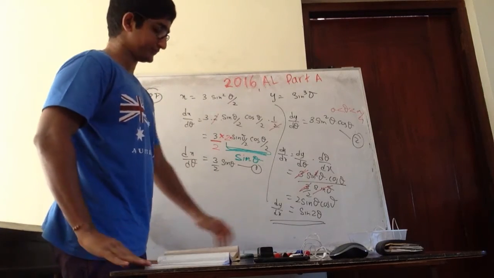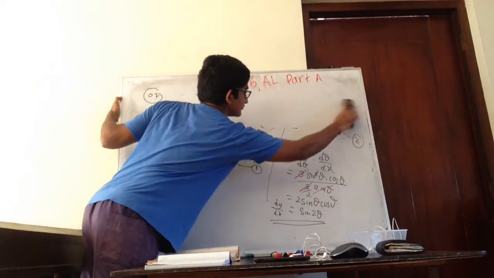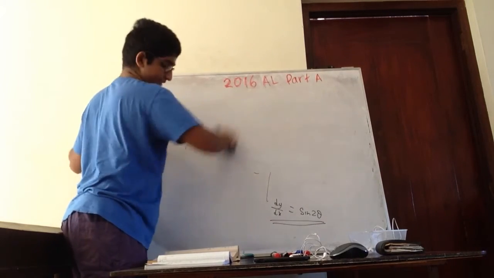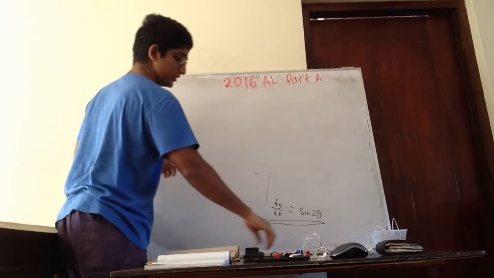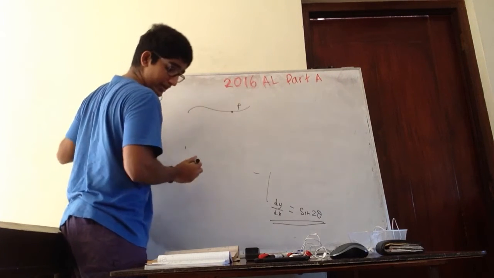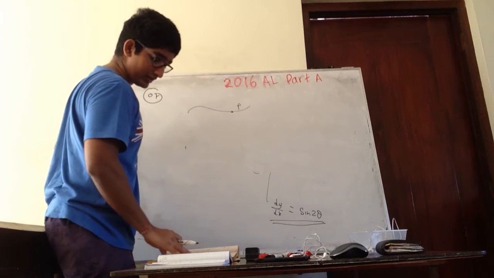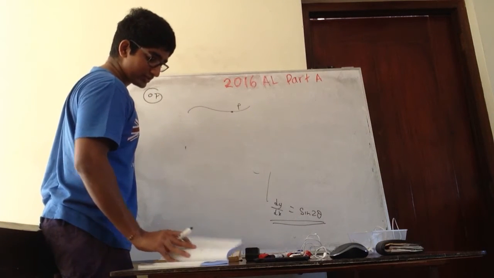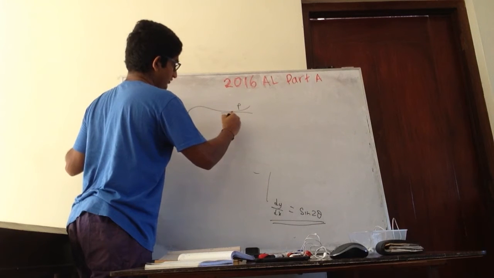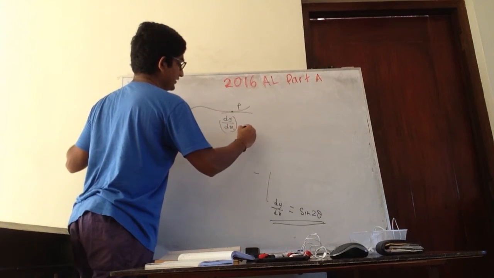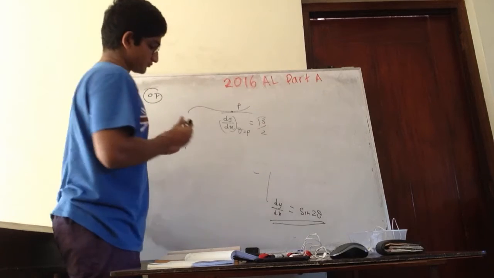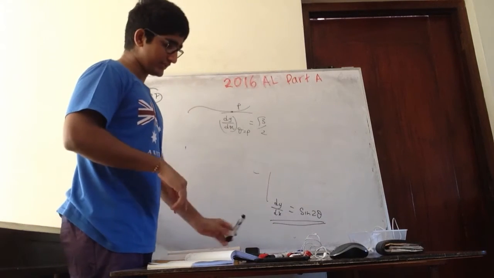Now they are saying that in this graph, there is some point P, and dy over dx at theta equals P is square root 3 over 2. That is what they are saying.